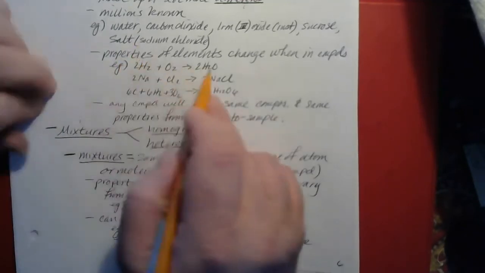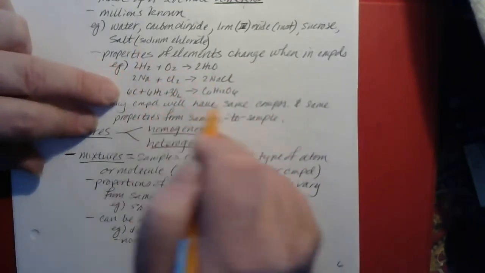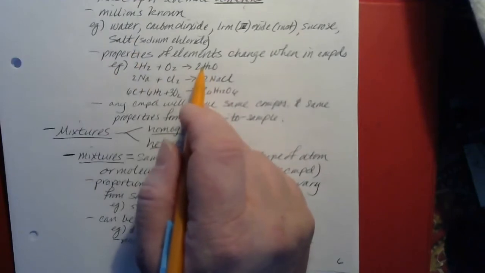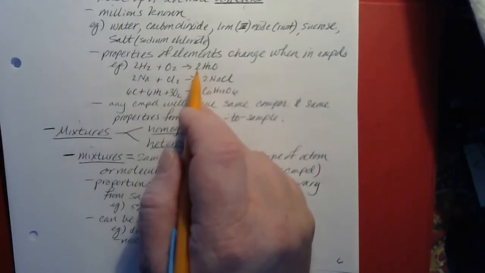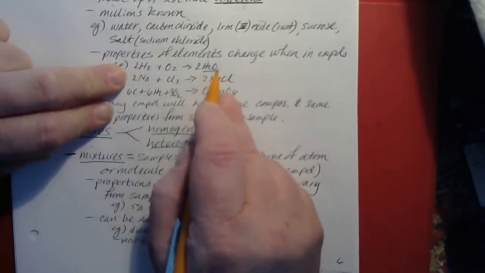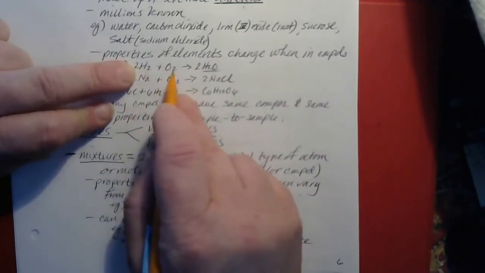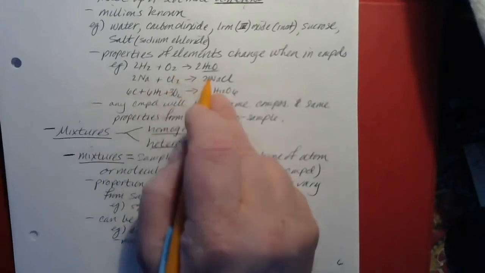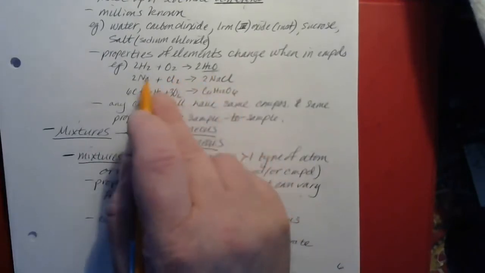So if you look at water, and I'm writing some chemical equations here, which is getting a little bit ahead of ourselves. So if you don't know what all of this stuff means, don't worry about it yet. But I'm just illustrating that when you form water, which has the formula H2O, you're combining hydrogen and oxygen. The properties of hydrogen and oxygen are very different from the properties of water.